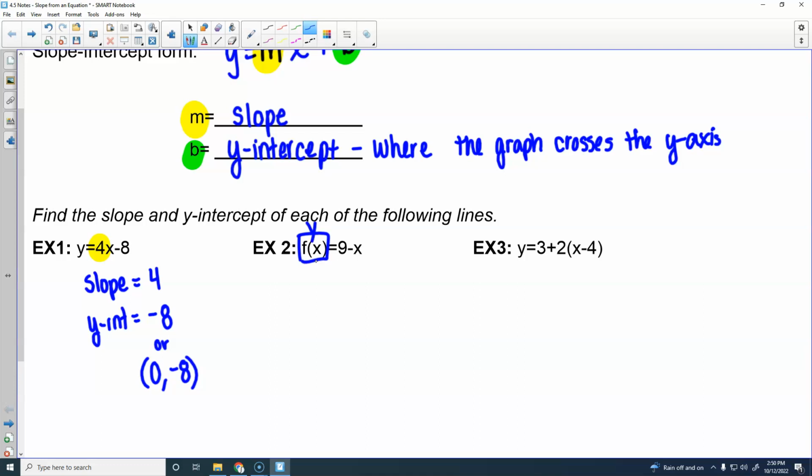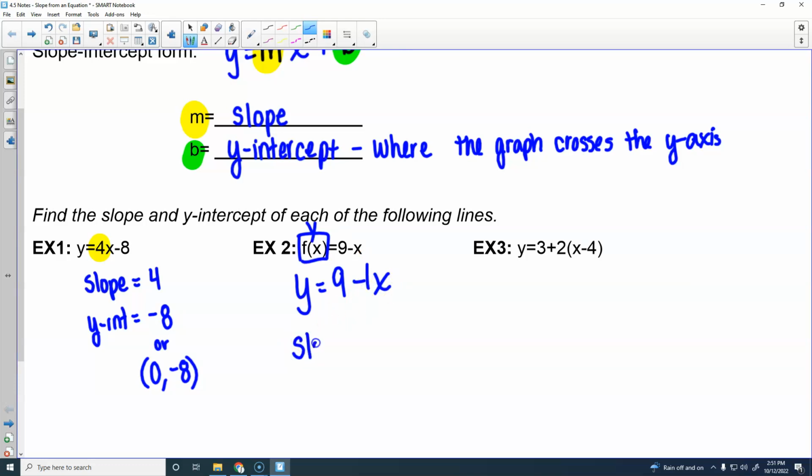Okay, so what we're looking at over here is this 9 minus x. Your slope is always a number multiplied by your x. So if I got 9 minus x, what number is being multiplied by that x? There's nothing there, so we could put a 1 there.